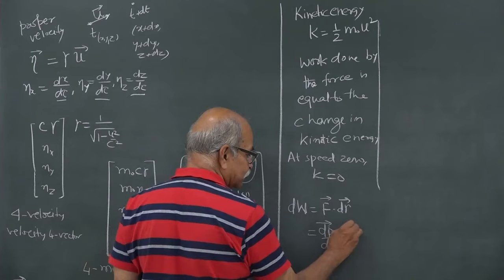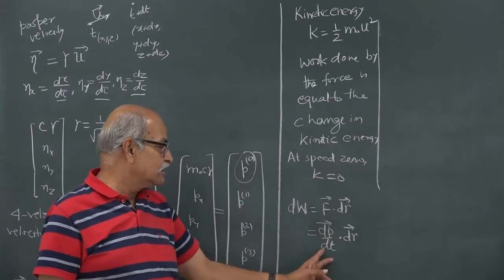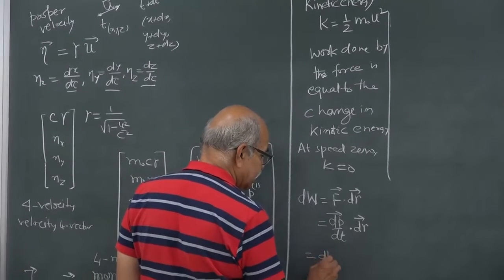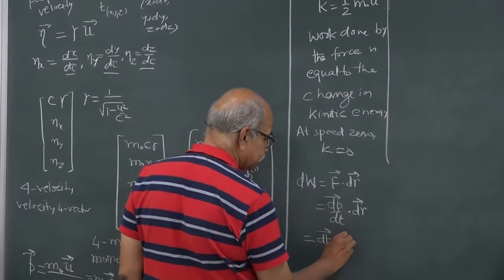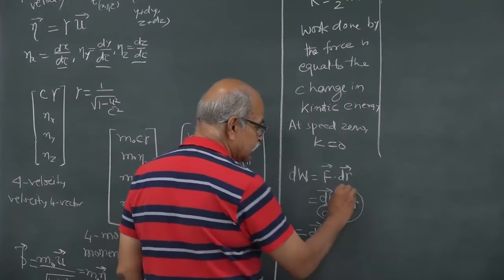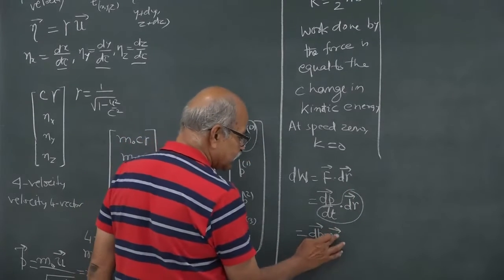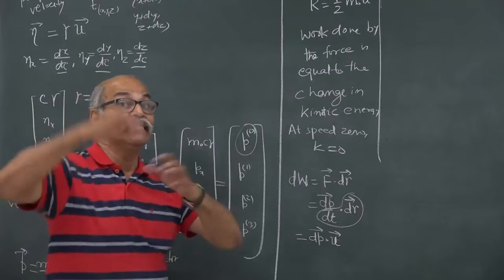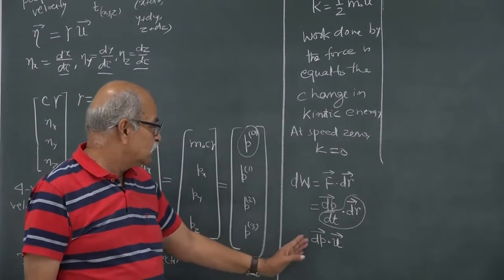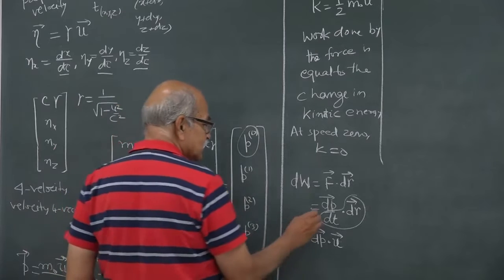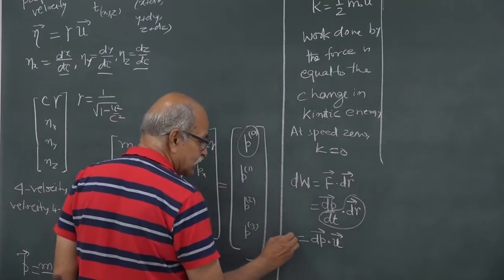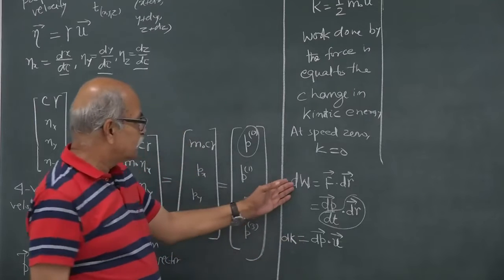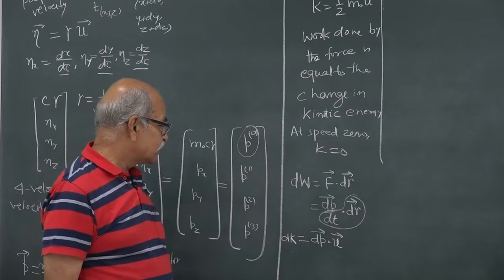This dr and this dt you can combine together and write this as dp dot v. This dr/dt is the velocity, let me write it u, particle velocity. V I am reserving for the frame velocity when we change frames. So, this is the work done, and this is change in kinetic energy. So, you can write this as dK. Work done by the force is equal to the change in kinetic energy.